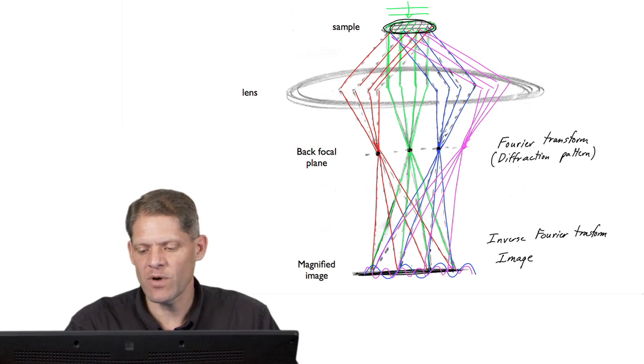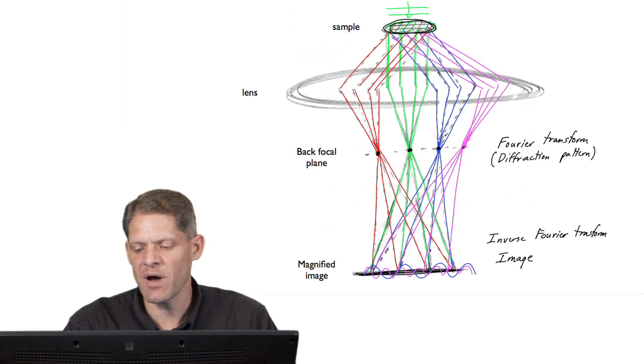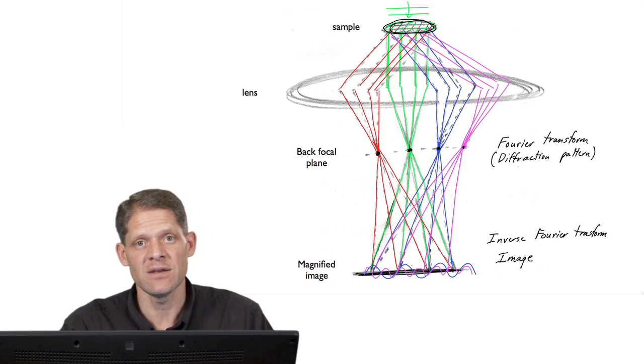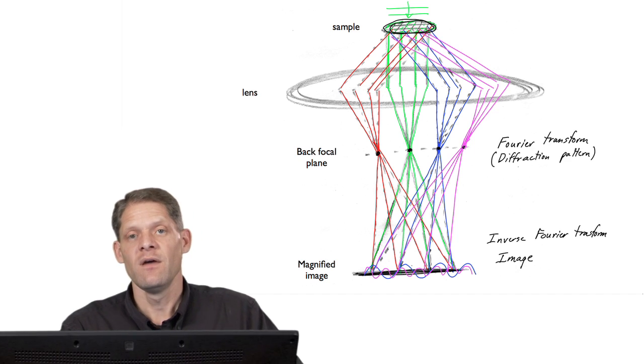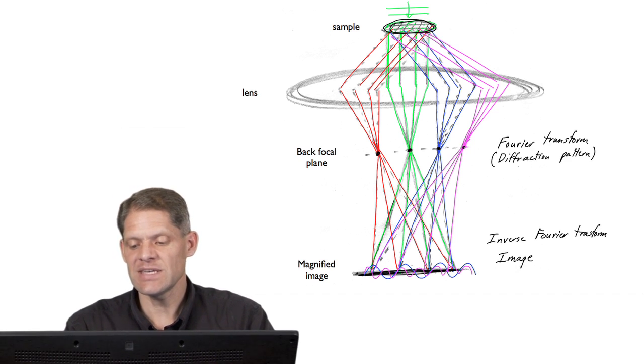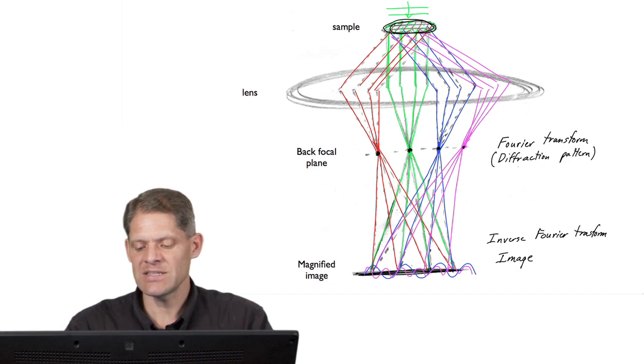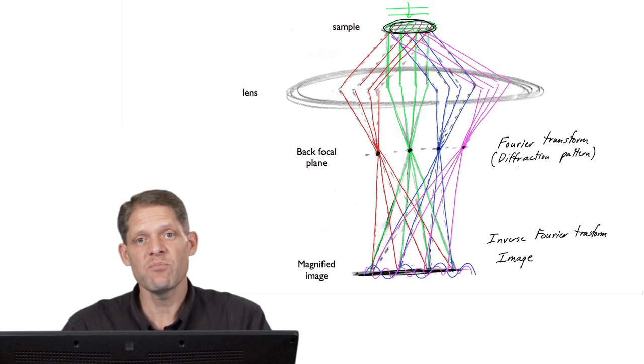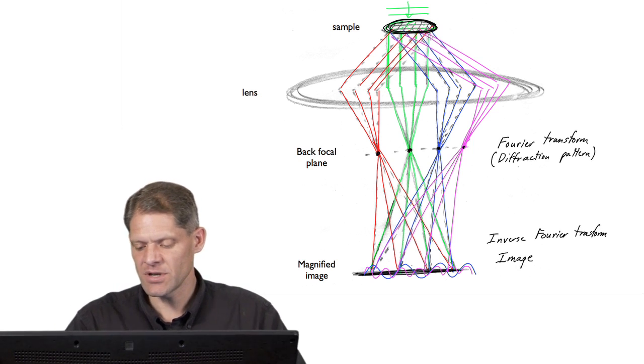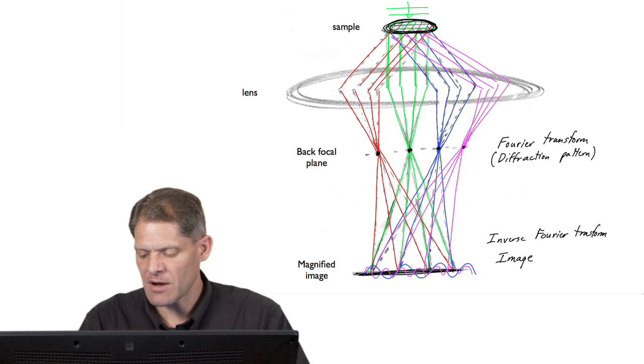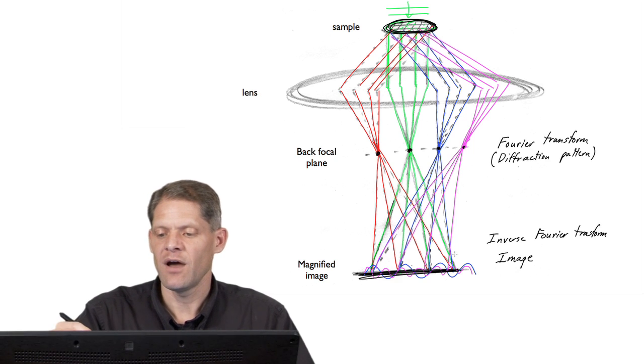Each component sine wave is represented as a single spot here in the back focal plane of the lens. A Fourier synthesis takes each of these sine waves and adds them back together to reproduce a complicated function. And in this case, this complicated function is a replica of the density of the sample.